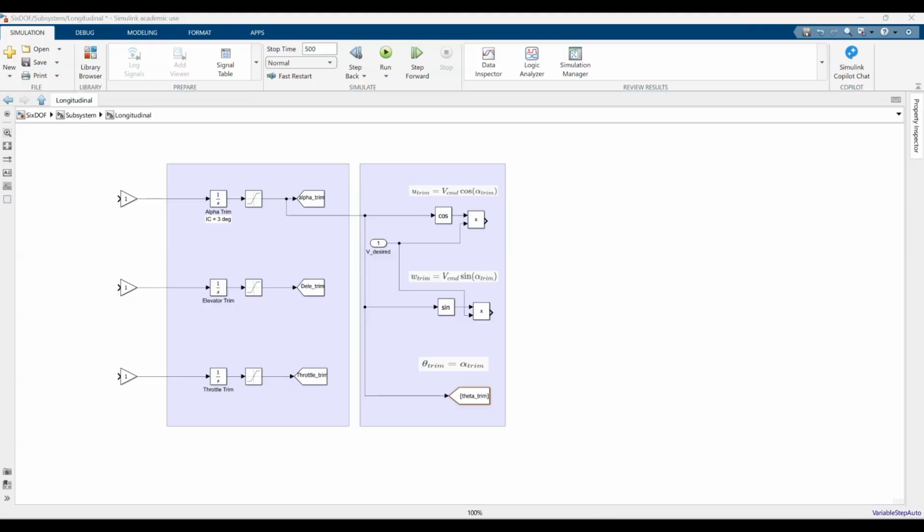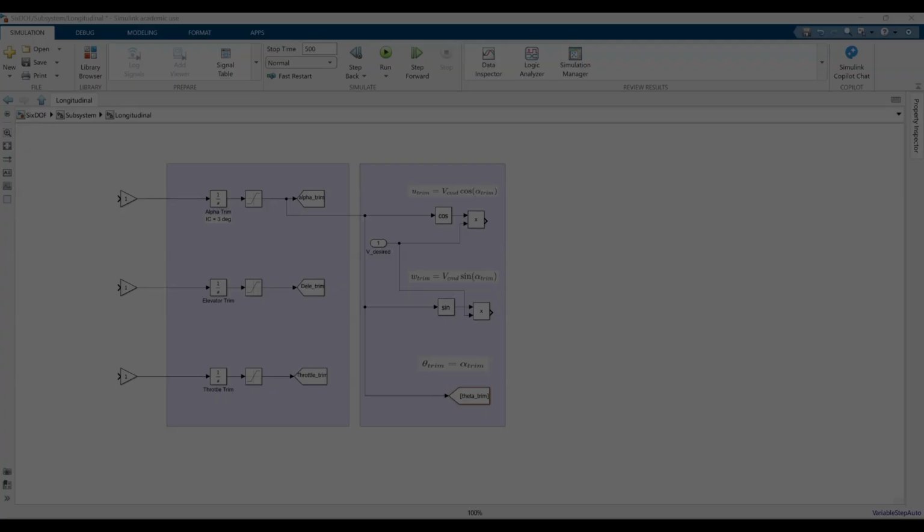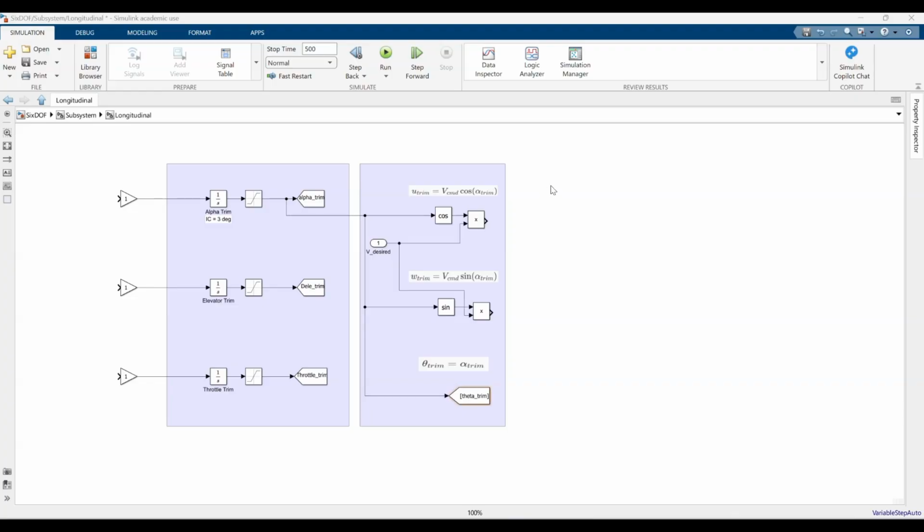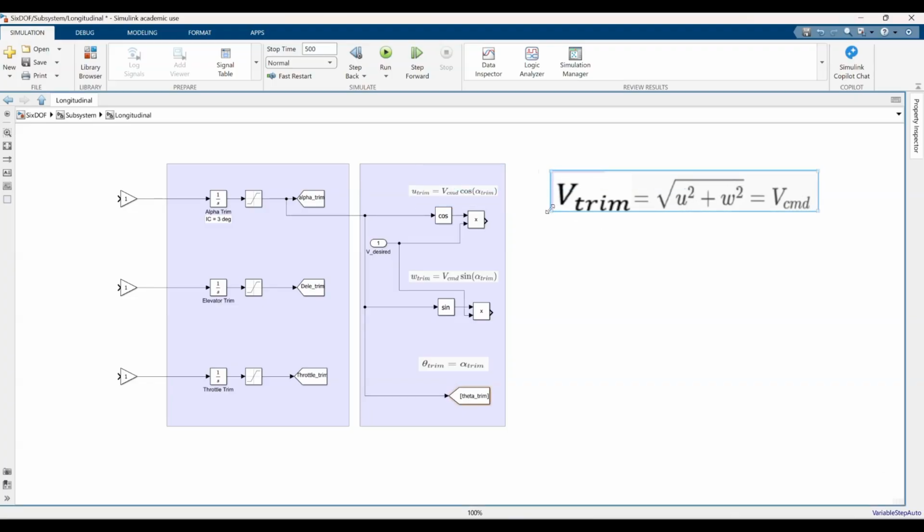Now, if you recall, the next item here is after you get your components of velocity, you want to calculate the magnitude of the velocity, right?